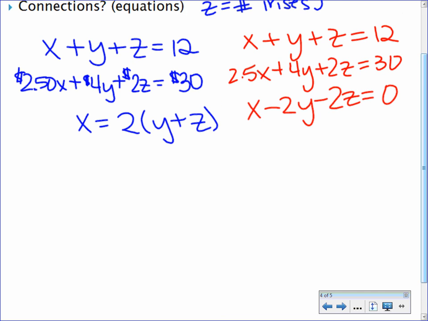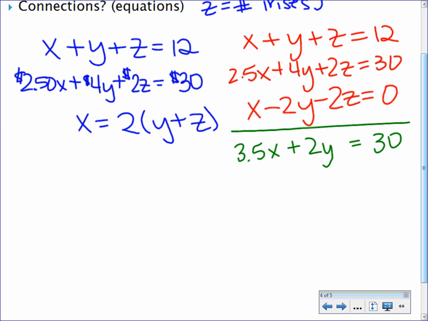So if we take the second and the third, let's just go and do this right here. Save some room. If I add the second and third together, what do we get? 3.5x plus 2y, our z's cancel, equals 30. All right, now we need to combine the first with something to eliminate z. The third?